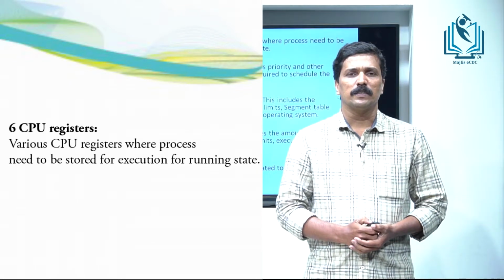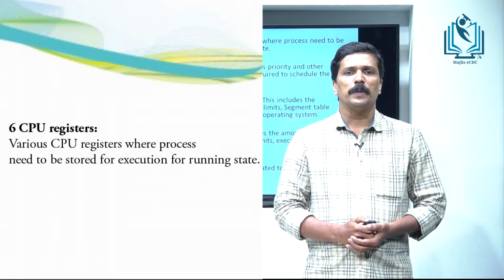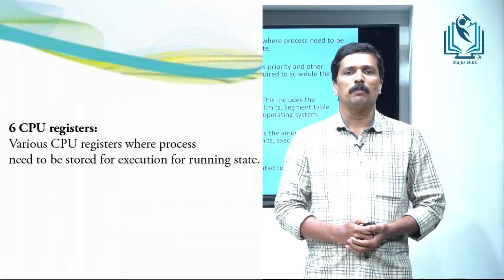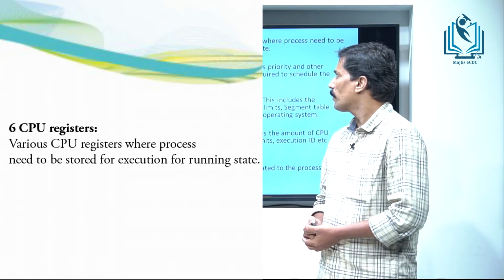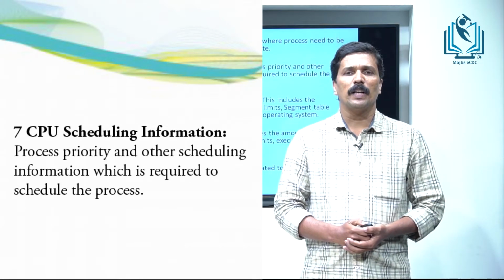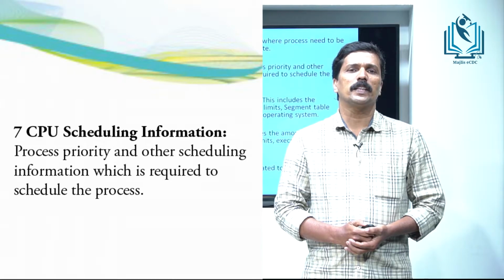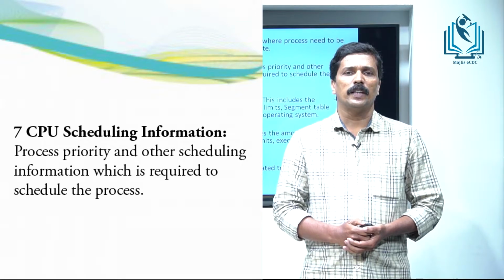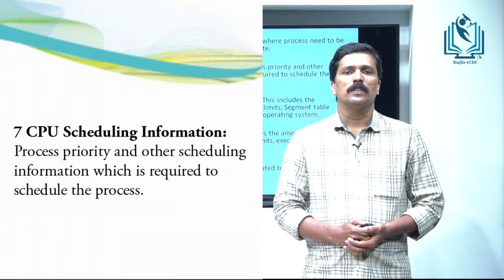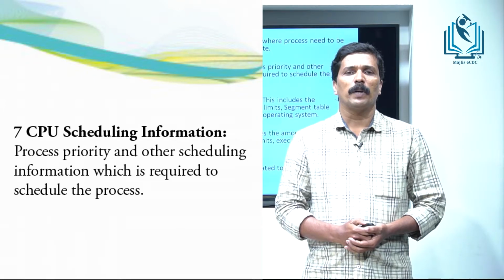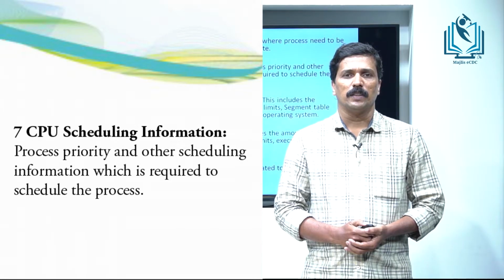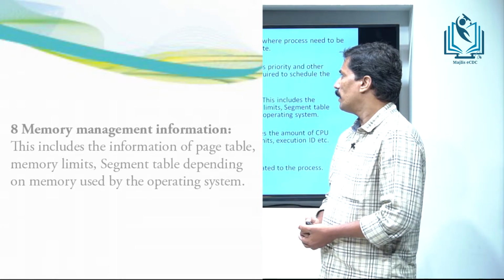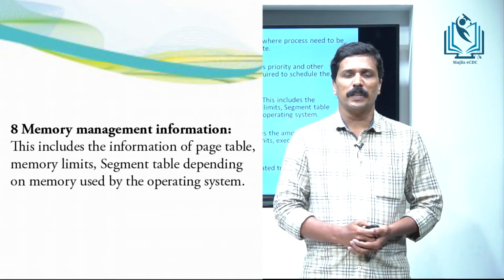CPU registers. The PCB contains the registers related to a particular process under execution. CPU scheduling information. When a process is created, it is assigned a priority. The scheduler schedules the process depending on the priority assigned to a process, and this is known as scheduling. Then memory management information.